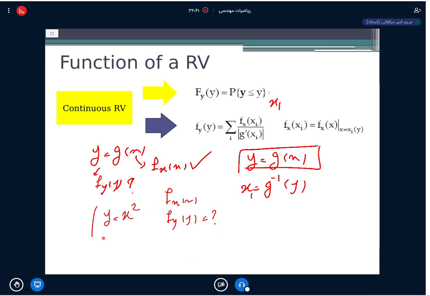You can study these examples yourself. Here, if we want to express x in terms of y, we know that x is equal to positive and negative radical y. So we have two solutions, x1 and x2, and here we have this summation.